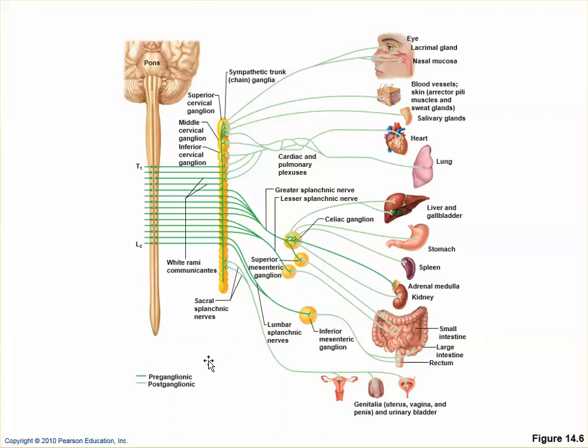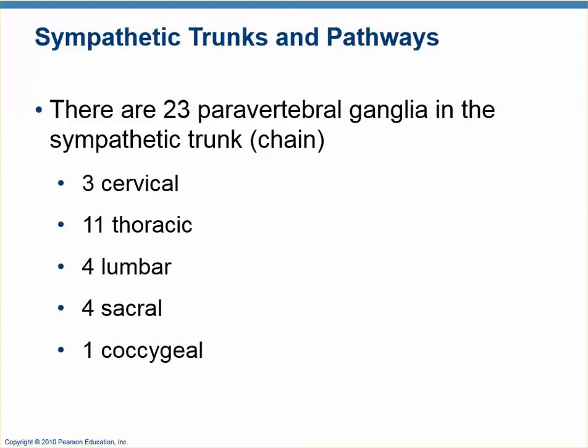So an important thing is, what is a splanchnic nerve? It is a collection of axons of the sympathetic. So they're not peripheral nerves. They're not quite the same, but they're considered nerves nonetheless. So the ganglion have 3 cervical, 11 thoracic, 4 lumbar, 4 sacral, and 1 coccygeal.